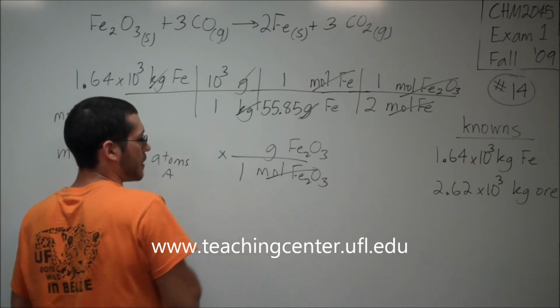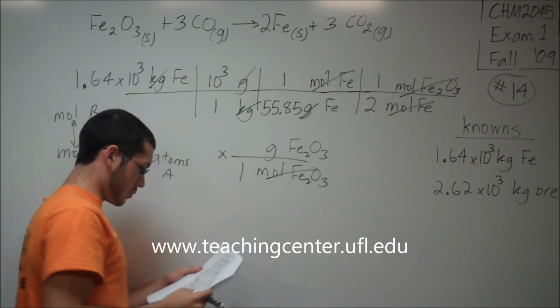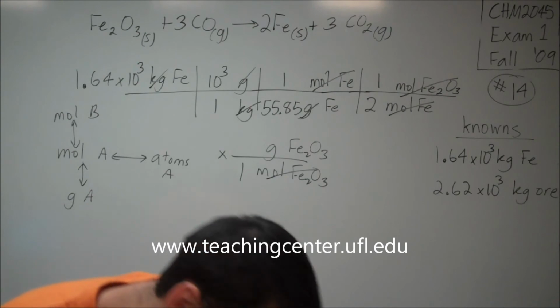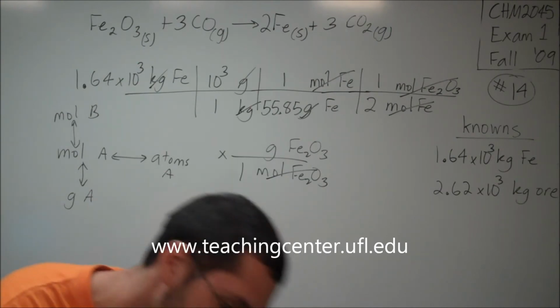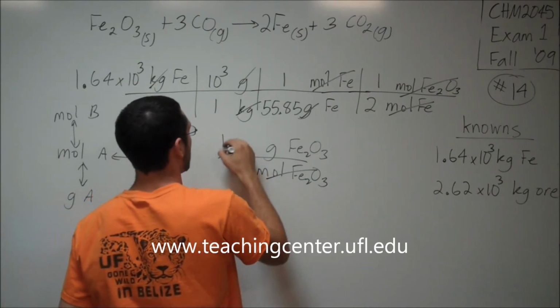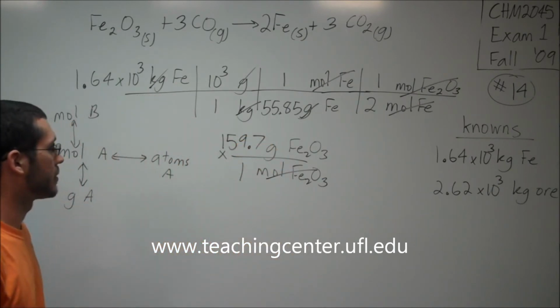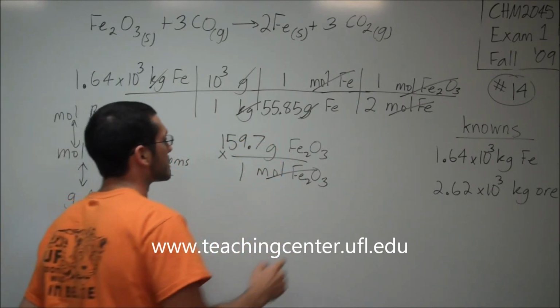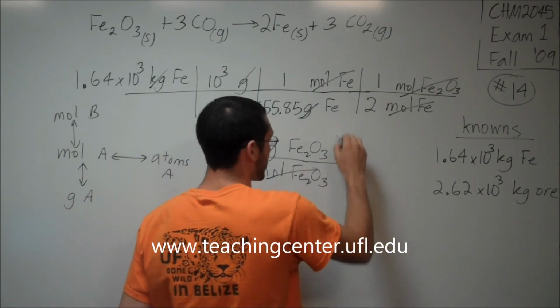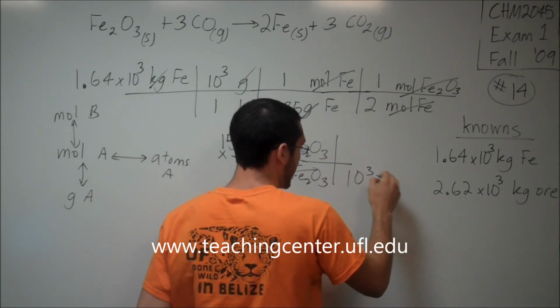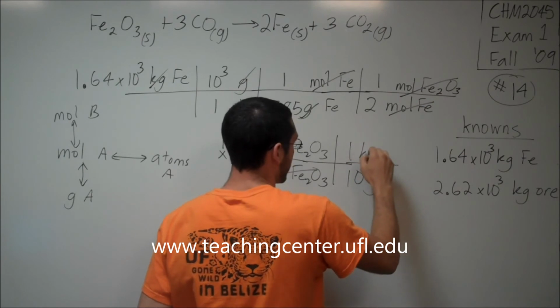For every 1 mole of Fe2O3, I have, oh boy, that's a big one. That molar mass is 159.7 grams Fe2O3. Let's convert to kilograms. For every 10 to the 3rd grams, I have 1 kilogram.